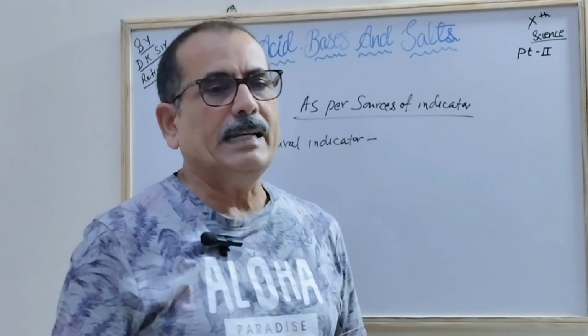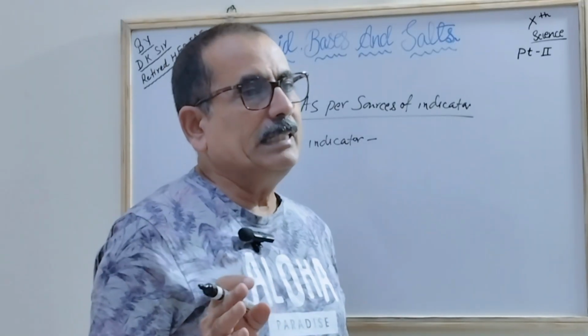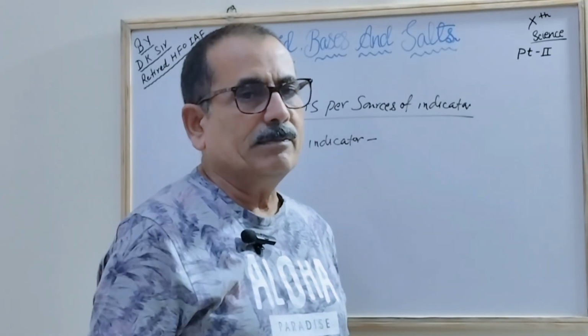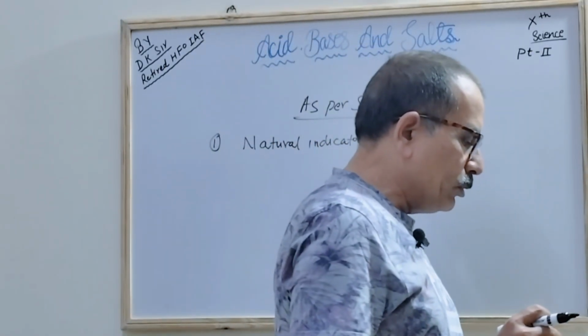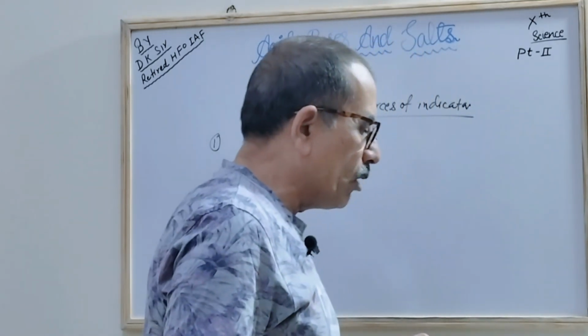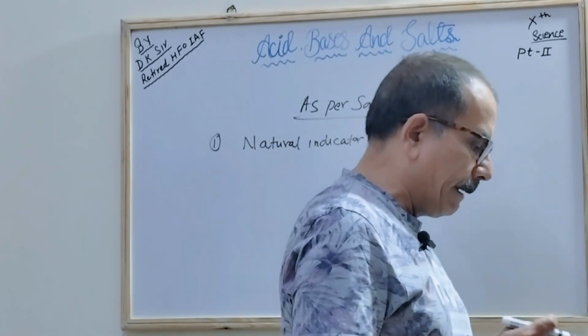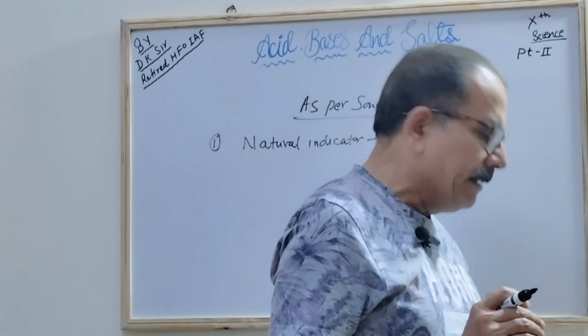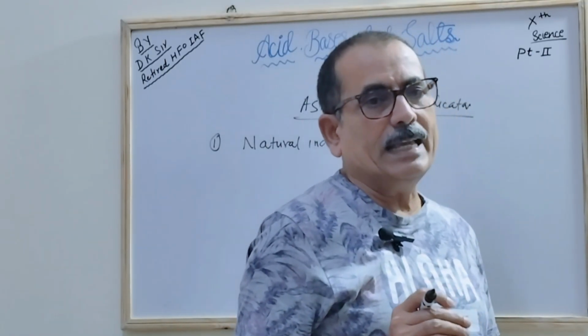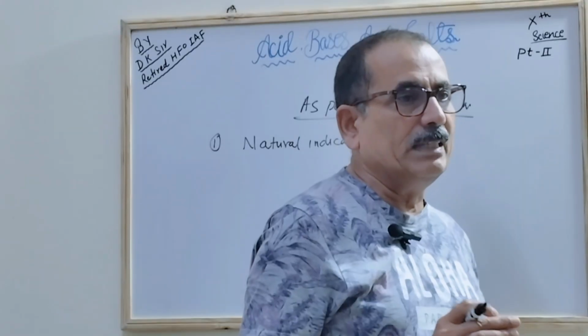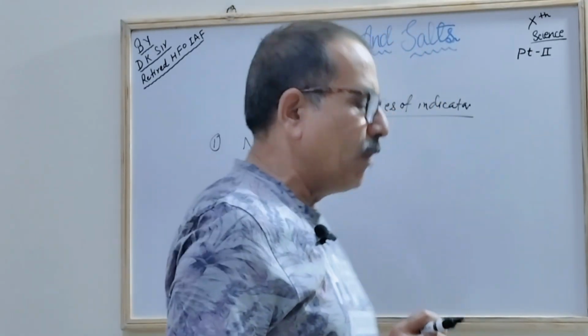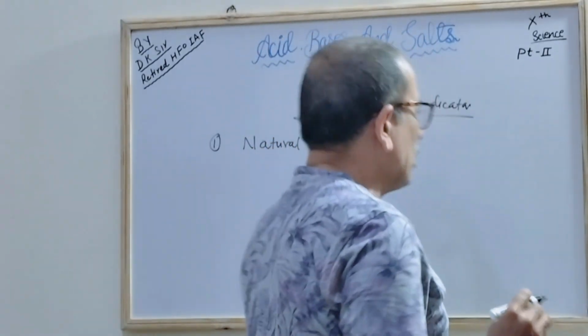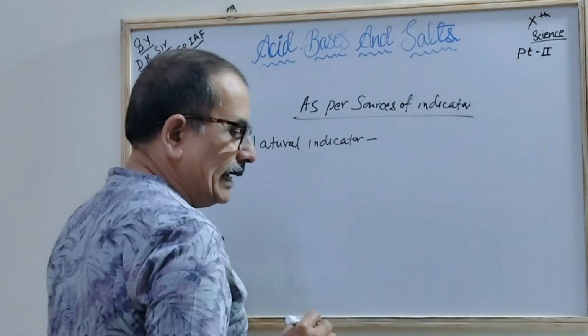From the lichen plant it has been taken, or you can say it is a dye, because it is being used to check and it has a purple color. Correct? And you can find that it is in the group of plants called thallophyta. Thallophyta is a group of plants in which the lichen plant falls. Correct?